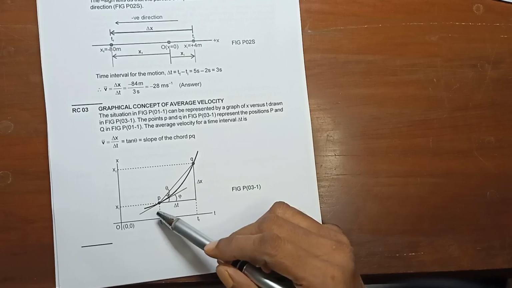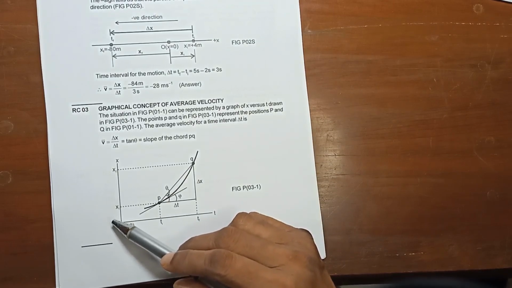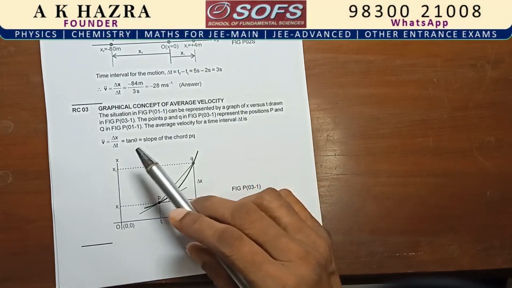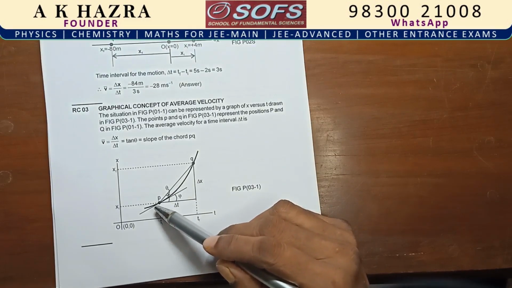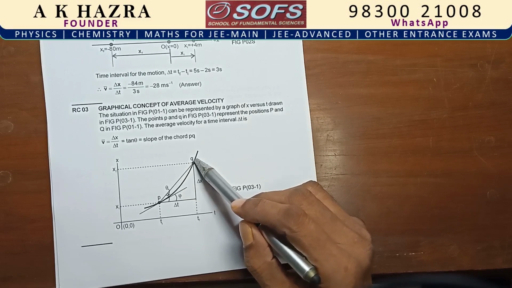At t equal to ti, this will give the corresponding position of the particle. You see the figure, original figure P031, where the position of capital P is small p in the graph, and the position of capital Q is represented by small q in the graph.